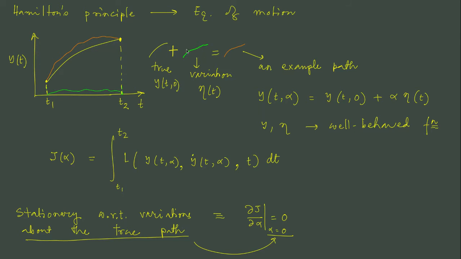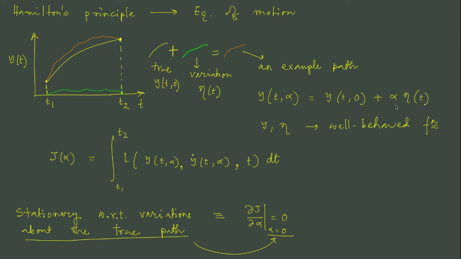So this y as a function of t and alpha is basically the broken path, and we multiplied a parameter alpha with the green one. So the correct equation should be yellow plus alpha times green gives you the broken line, which is the functional form here: y(t, alpha) is equal to y(t, 0) plus alpha times eta(t).